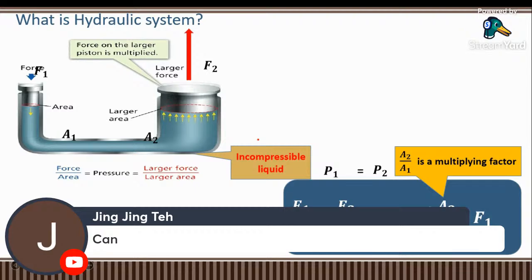The liquid used is incompressible liquid. Okay, tidak boleh compress, means the volume is constant. Incompressible maksudnya constant, volume tidak berubah.